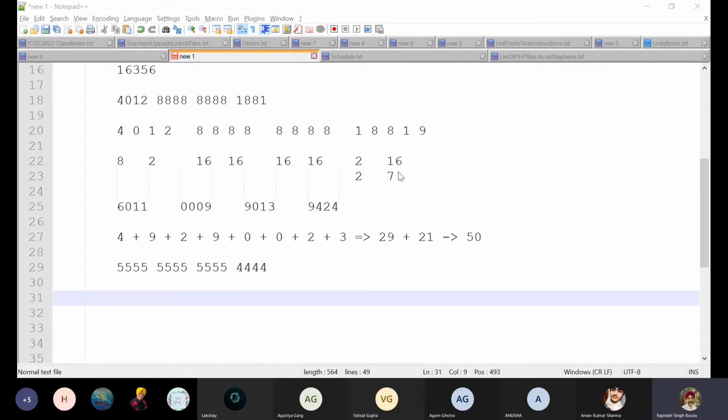Just raise your hand if your answer is coming to 60. Agastya 60? Yes, sir. Rishab 60? Yes, sir. Anusha 60? Yes, sir. Good. Lakshya 60? Yes, sir. Arnav also? Yes, sir. Rest all?